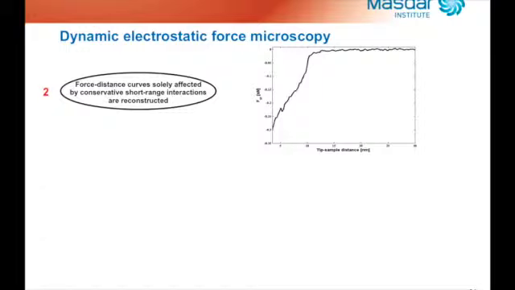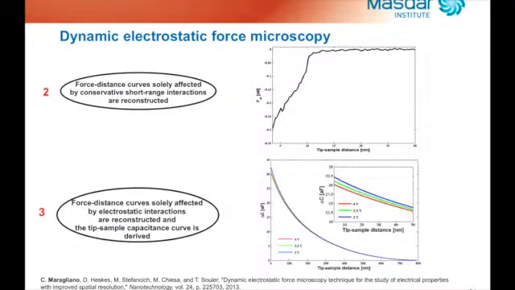In this case, we can compensate for the electrostatic force between the two, so we reconstruct just the so-called short-range forces, so Van der Waals forces. And the third step consists in subtracting the previous curve from the general curve, in order to reconstruct a force that is solely affected by electrostatic interaction, and finally from the force we can derive the tip-sample capacitance curve.